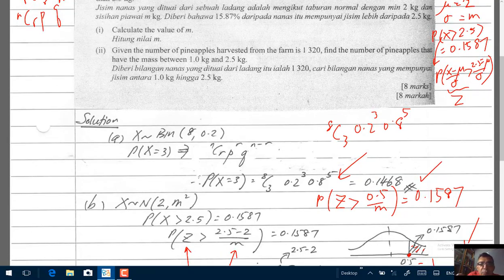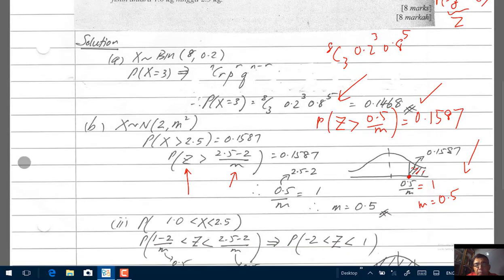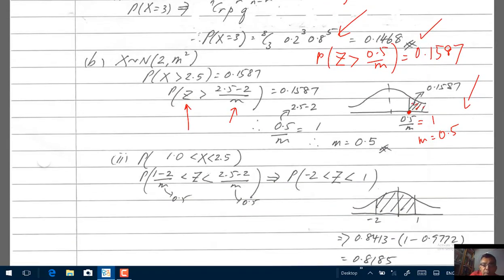And then you're given that the number of pineapples in part 2 harvested from the farm is 1320. We have to find the number of pineapples that have a mass between 1 and 2.5. So first step, work out the probability of x lying between 1 and 2.5. Change your x to a z. x minus mu over sigma, that's your z.